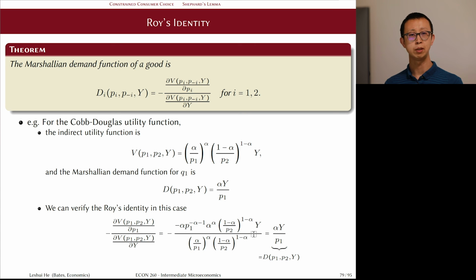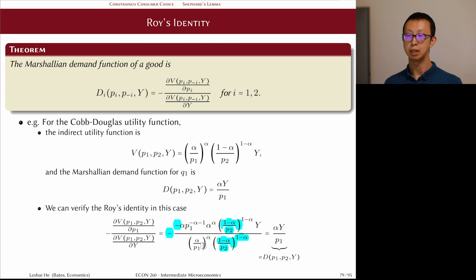The derivative of v with respect to y is just the first two terms in the parentheses, so we have the denominator. Multiplied by the negative sign in front, we see that the negative signs will cancel out, and this ratio of 1 over alpha over p2 to the power of 1 minus alpha will cancel out exactly with this term on the bottom.